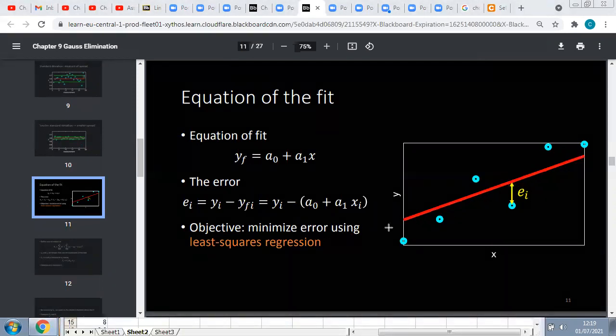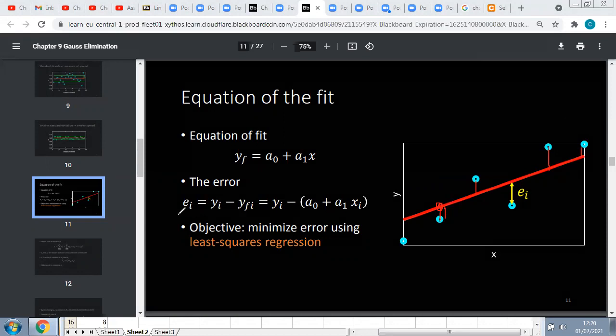We want to try to determine the equation of this fit in a way to minimize the total error. So for each point of measurement, I have a certain error between experimental data and the fitting point. So for example, at this location, this is Y fitting here. And this is the difference in between. At this point, this is the difference. At this point, this is the difference.